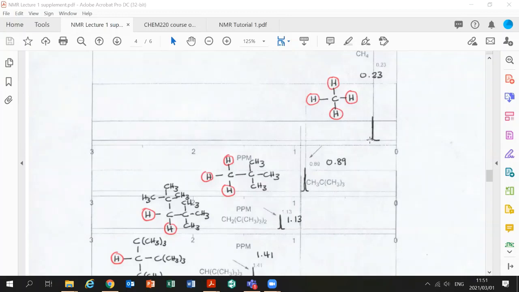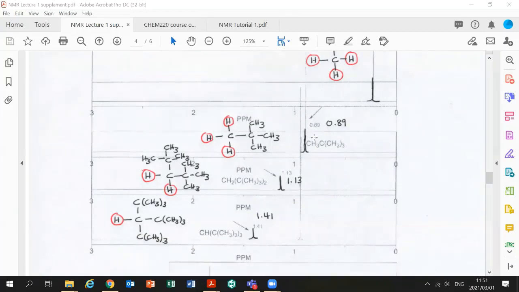I'll talk about equivalence in the next lecture when I see you on Wednesday. But these four protons are the same, and this resonance appears at 0.23. There's my 0 here, that's 0.23. So this is my shielded region of the spectrum. Remember I said as I go downfield here, it becomes more and more deshielded.